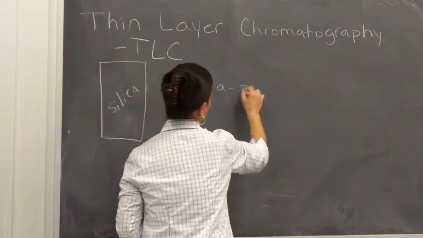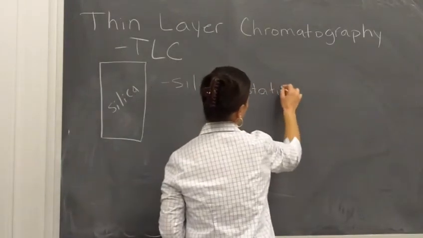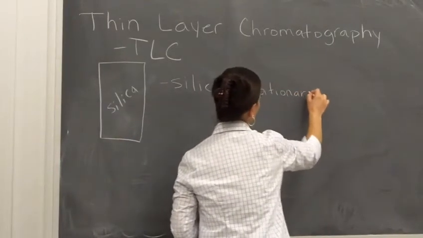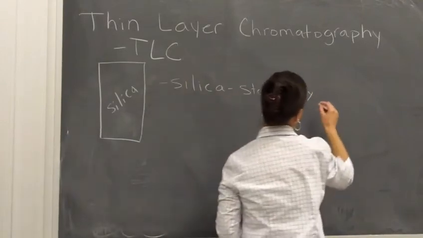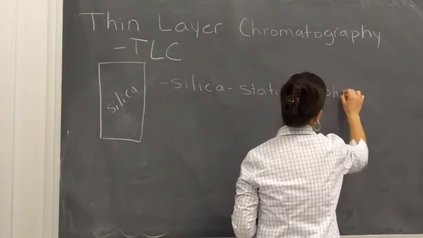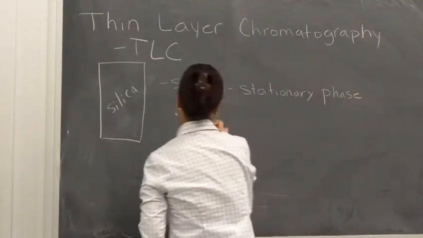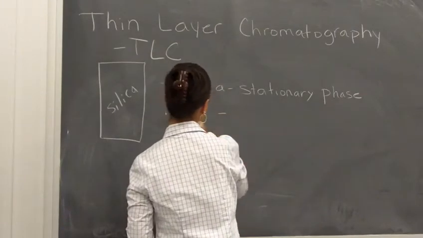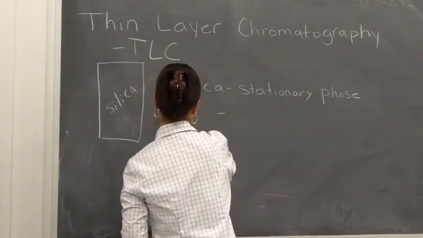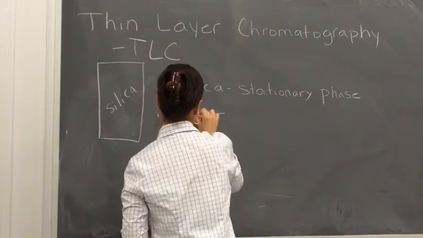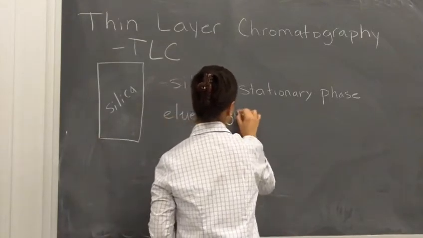The silica is your stationary phase, so it doesn't move because it's stuck on that plate. Your mobile phase is your eluent, or the solvent that you're using.